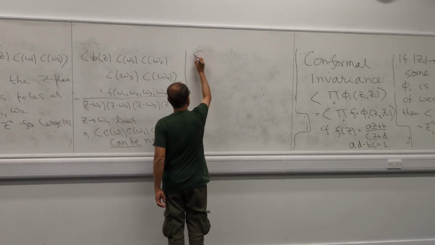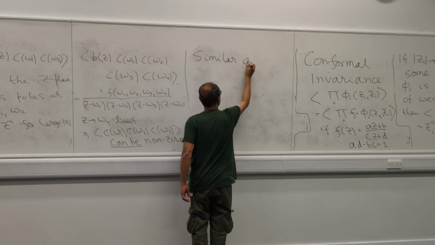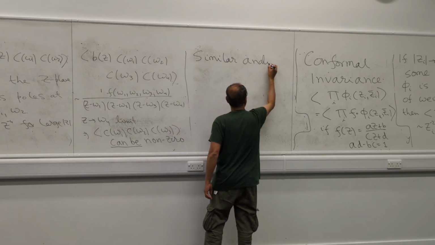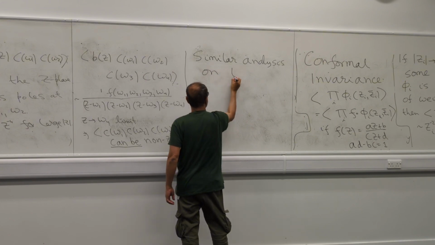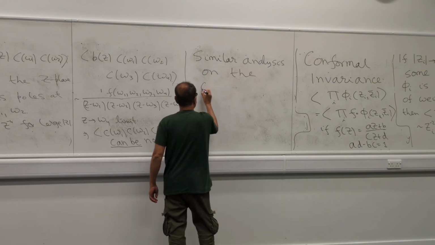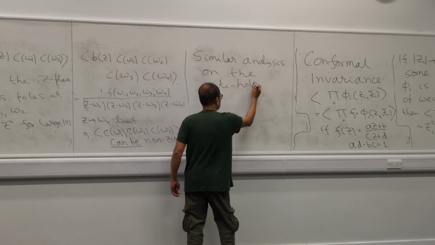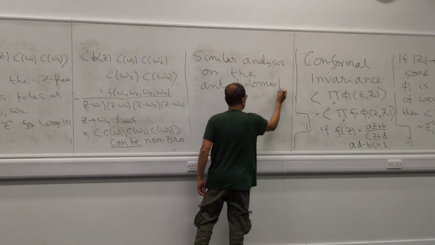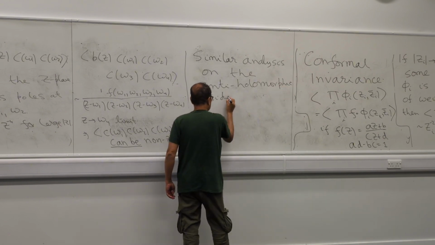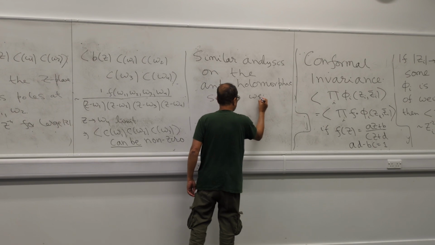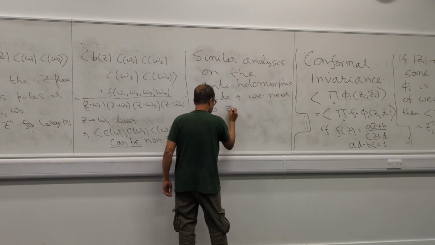A similar analysis on the anti-holomorphic side implies that we need 3 c bars.